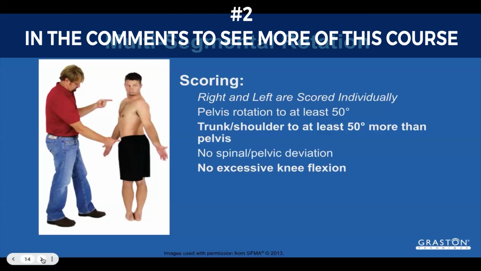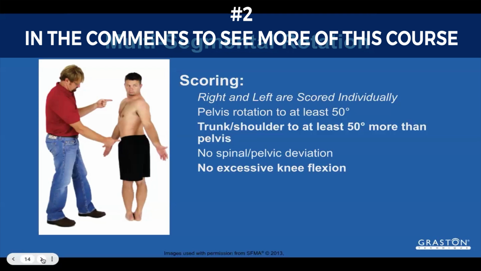And as the clinician looking at the patient, what I'm looking for is, can that patient rotate through their pelvis at least 50 degrees? Do I get an additional 50 degrees of rotation in the trunk and shoulder region?